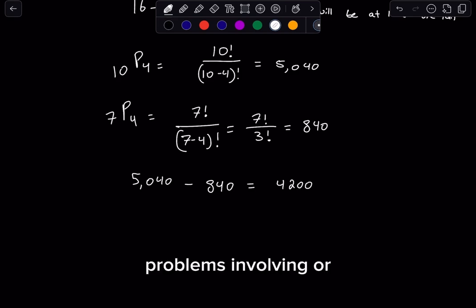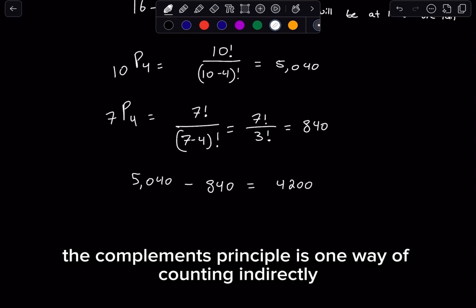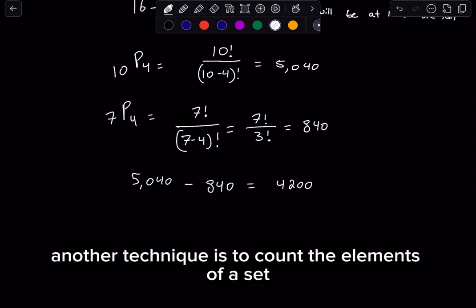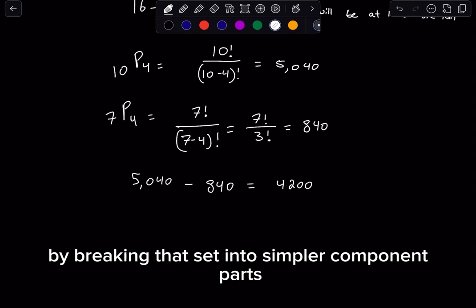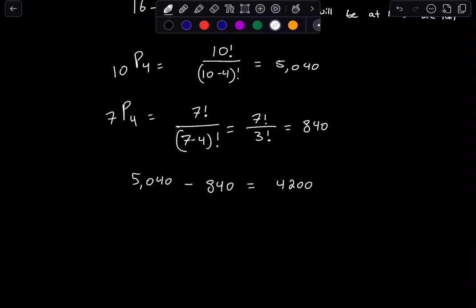Problems involving or. The complements principle is one way of counting indirectly. Another technique is to count the elements of a set by breaking that set into simpler component parts.